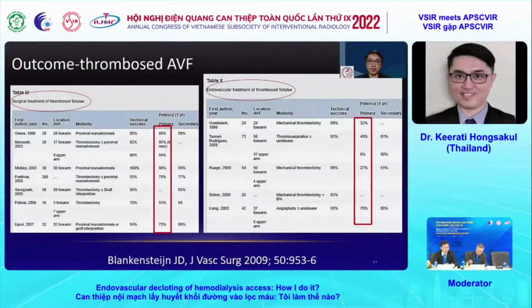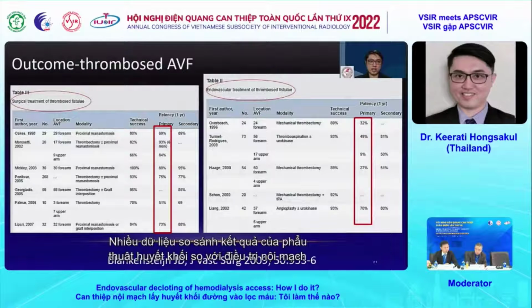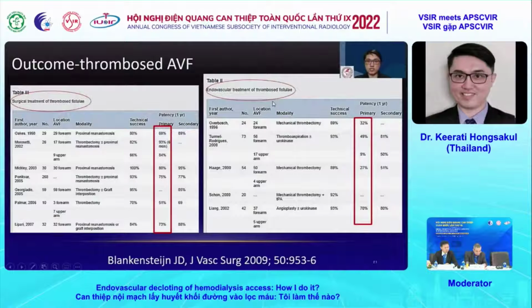However, many data compare surgical thrombectomy and endovascular treatment in thrombosed AV fistulas. From our data, the primary patency at 1 year is quite better in the surgical thrombectomy group compared with the endovascular group.